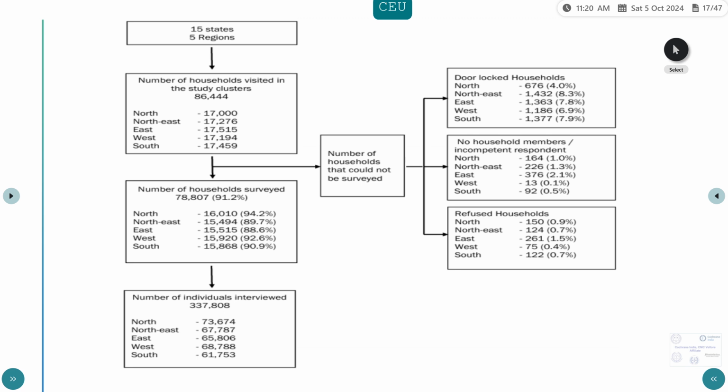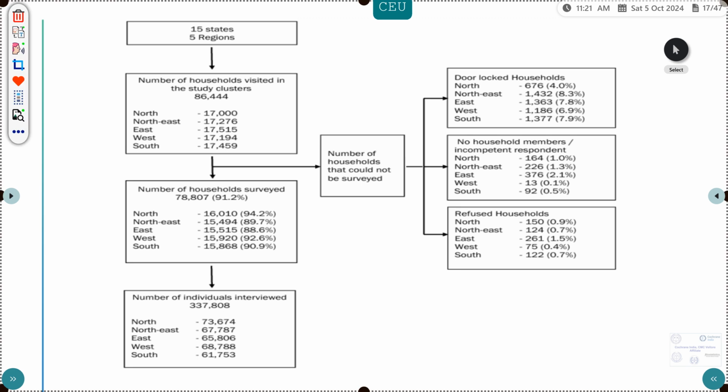So there were certain exclusions, and out of the total number of households that they visited, 91.2% of households were surveyed, and that comprised 337 individuals totally. So that's how they have come to the entire sample size.